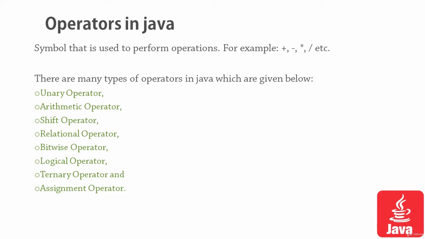So there are various types of operators in Java which are supported here. A few include the unary operator, arithmetic operator, shift operator, relational operator, bitwise operator, logical operator, ternary operator, and assignment operator. So we are going to learn each one of them step by step.